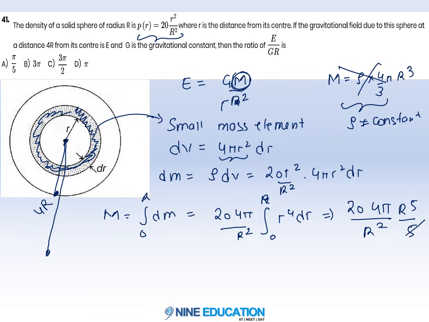Okay, so it becomes 16. So basically the mass we are getting is 16 pi R cube.